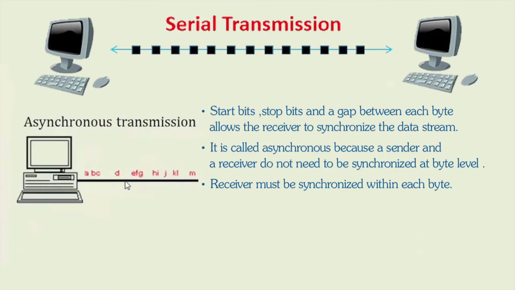When the second byte starts, a start bit will come, the receiver starts counting, first bit, then after the first bit comes, it counts whether the second bit has come or not, something like this. After the second byte is complete, again they are not synchronized. So receiver and transmitter are synchronized within each byte.